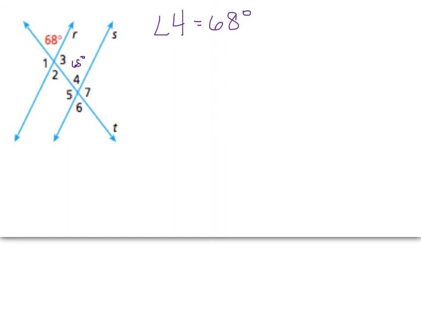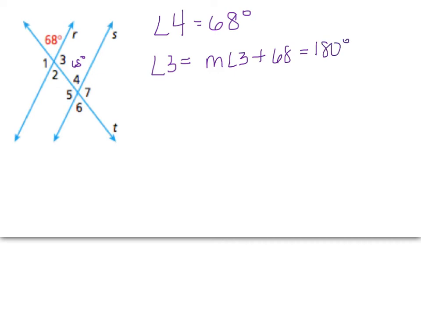Let's see if we can find the measure of angle 3. Okay. So remember, like we did yesterday, these angles right here form a straight line, so they should add up to 180 degrees. So we can say the measure of angle 3 plus 68 is going to equal 180 degrees.